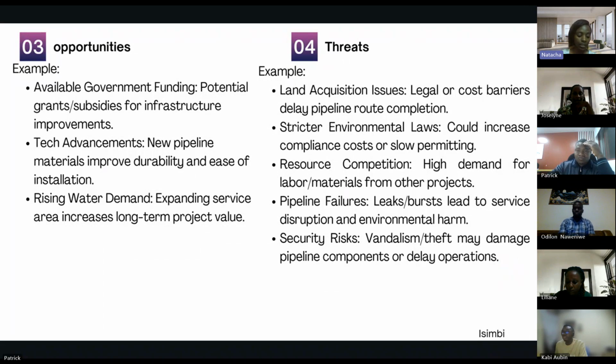Threats are external factors that could negatively impact our project. Examples would be land acquisition issues, resource competition, and pipeline failures. So I'll call upon Oba to continue with the next slide.